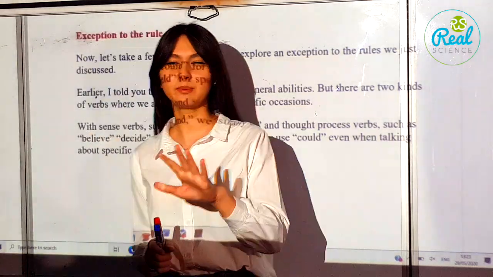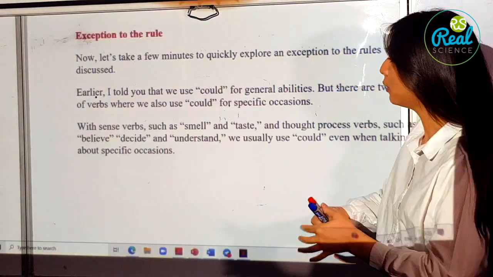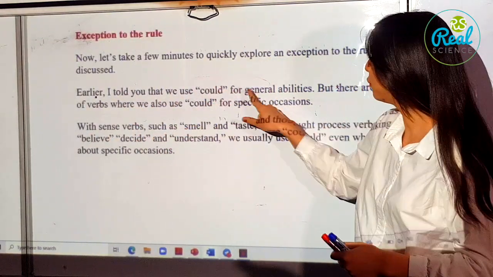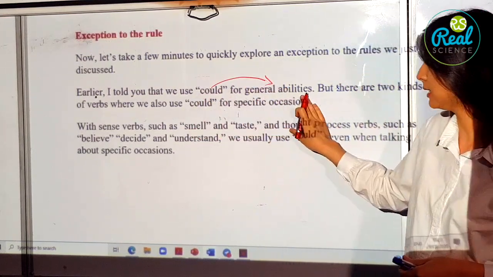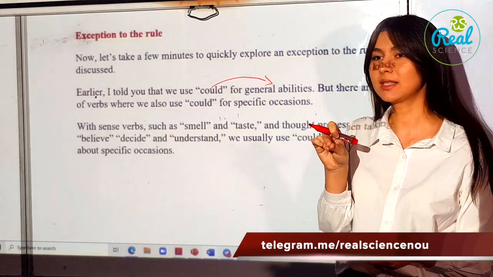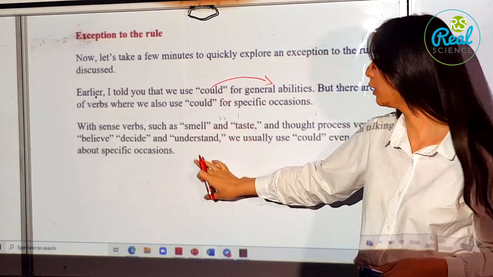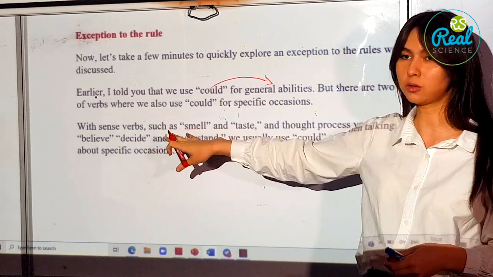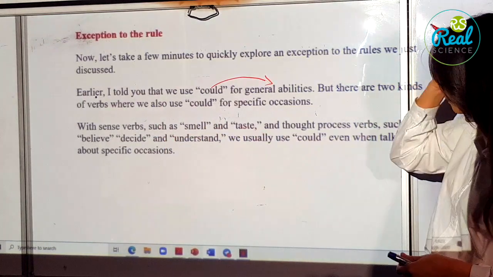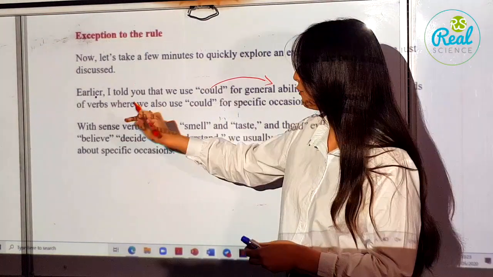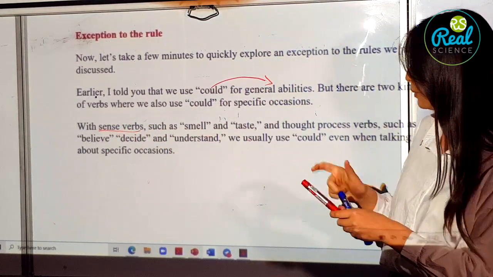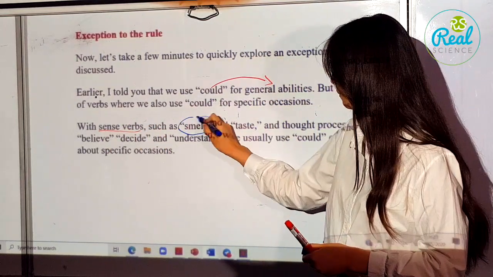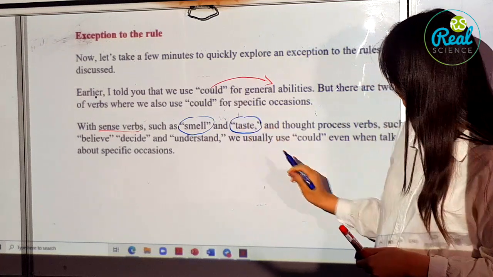Now let me explain a bit, guys. Earlier we said that we use could for general abilities, yes? But guys, there is an exception where you should use could for specific situations also, okay? For example, we have two types of verbs, sense verbs, yes? What kind of sense verbs? For example, smell, taste.